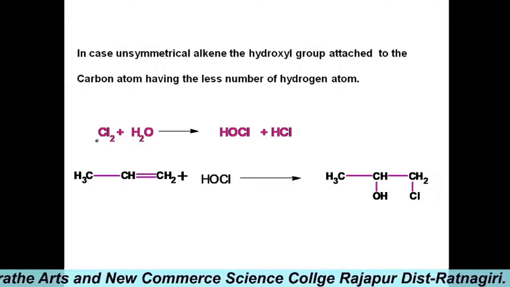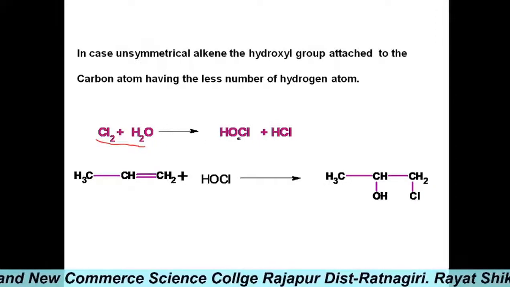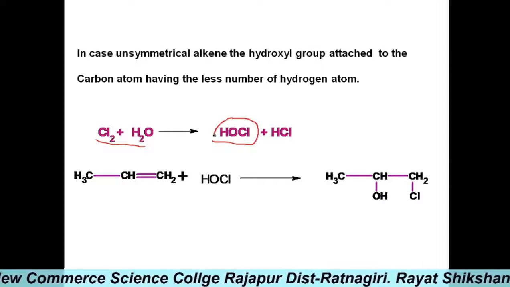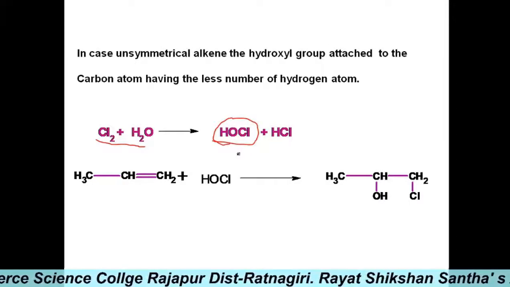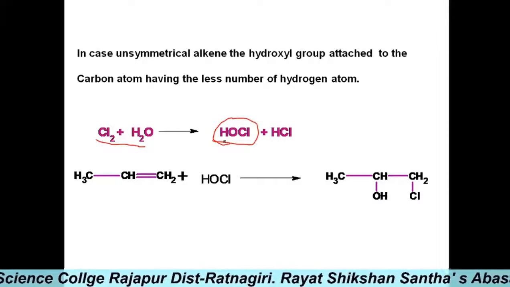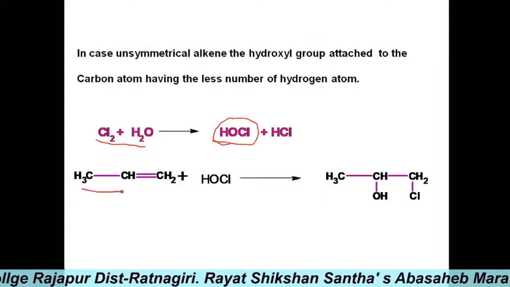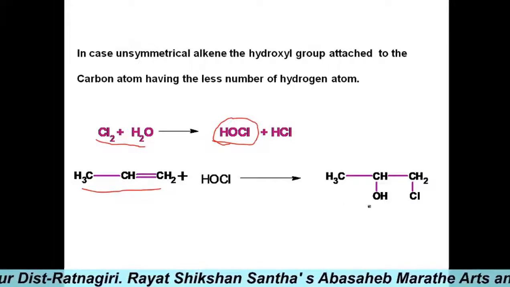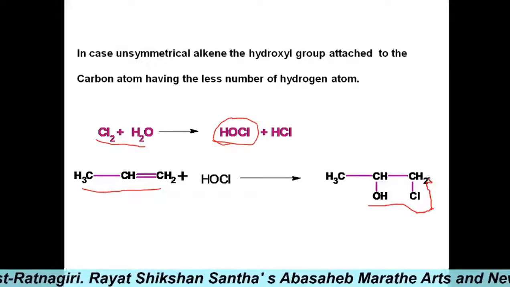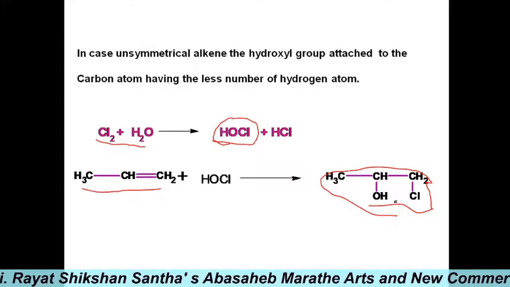Similarly, last time we have seen chlorine in water gives hypochlorous acid, that is a hypohalous acid. These hypohalous acids are treated with an alkene like propene to get a halohydrin, a chlorohydrin.